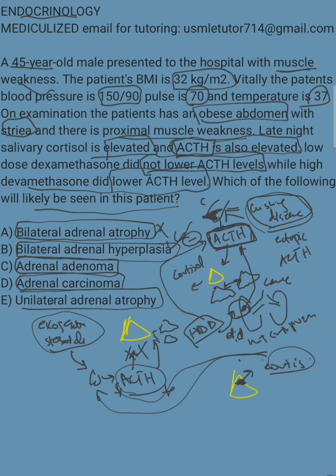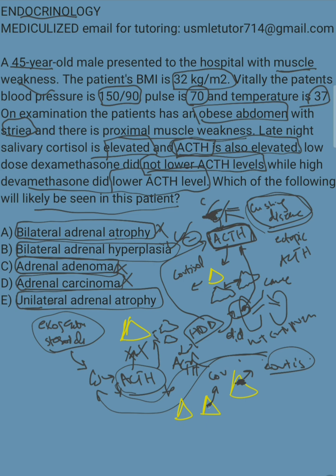Then unilateral adrenal atrophy. So this is interesting. This is going to be seen, for example, if you have one adrenal here, and let's say this one has the tumor, and the tumor is producing cortisol. Cortisol is going to the pituitary and decreasing ACTH.